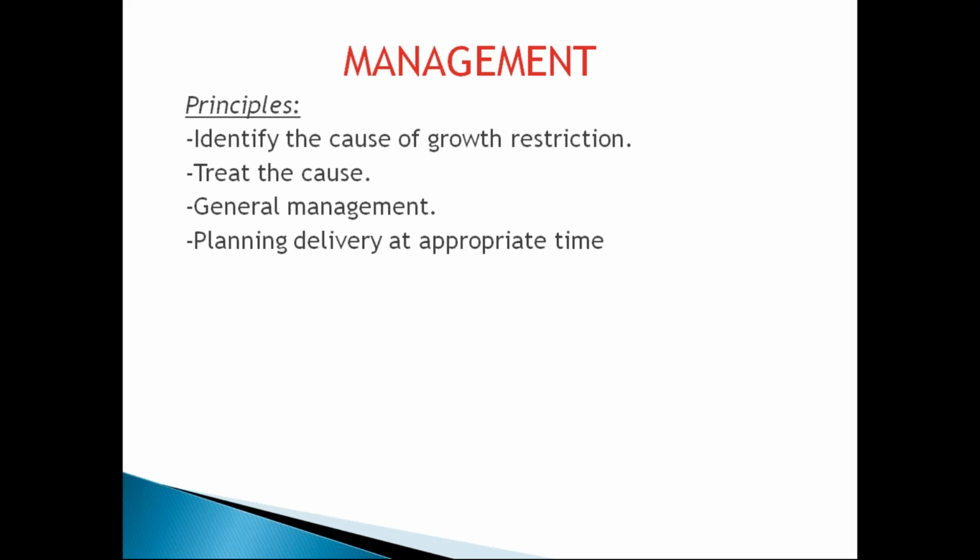If you identify it early, then you can plan accordingly and treat the causes. We will plan for this, and that is fetal surveillance, that is, the condition of the baby. How is this baby? And plan for delivery: the appropriate time to deliver the baby and the mode of delivery. Which route are we giving, vaginal delivery or C-section?